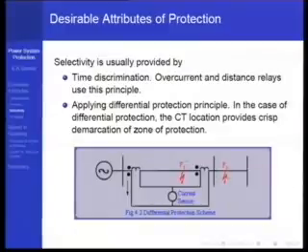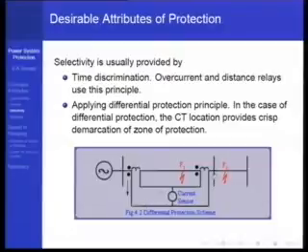If the fault is outside of this boundary, then the current here and the current here would be identical, and therefore only a circulating current would be set up, the differential element will not pick up, and there will not be any maloperation. So current differential protection very crisply defines the boundary of the protection. It is right here at the CT.